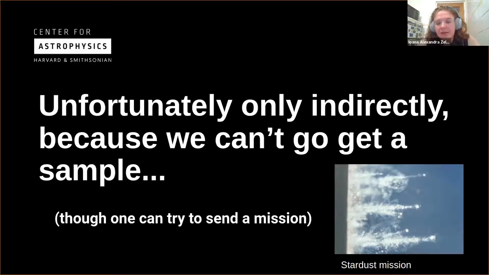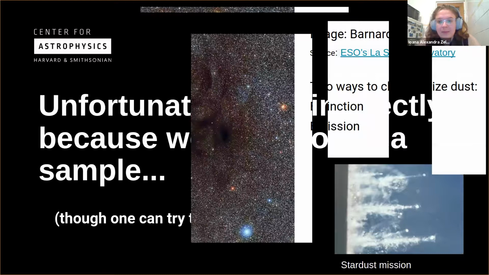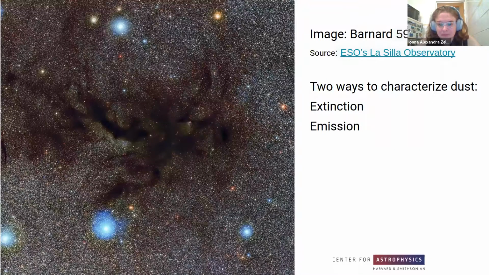So most likely, all this information needs to be obtained remotely by matching far observations of the dust with laboratory experiments for dust. So there are two very important ways of characterizing dust. One is through its extinction and one is through the emission process.